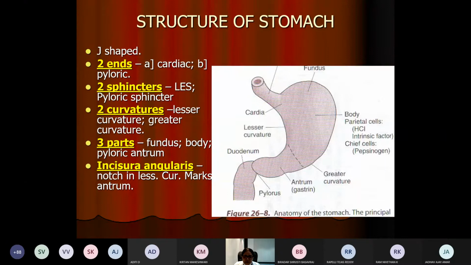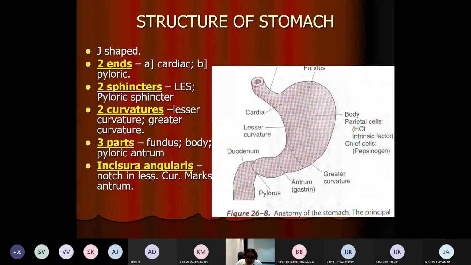It is J-shaped. It has got two ends, cardiac and pyloric. Two sphincters, LES and pyloric sphincter. Two curvatures, lesser curvature and greater curvature. Three parts, fundus, body, pyloric antrum.